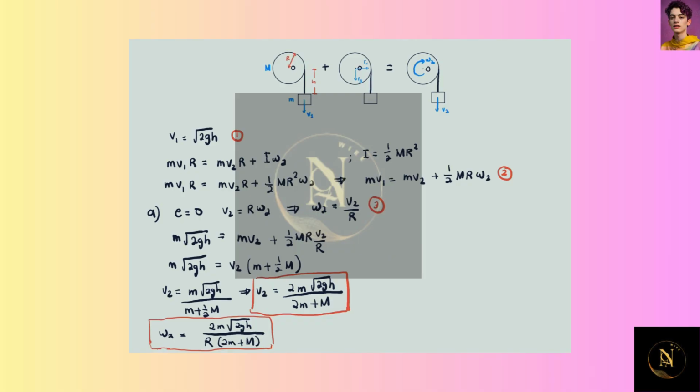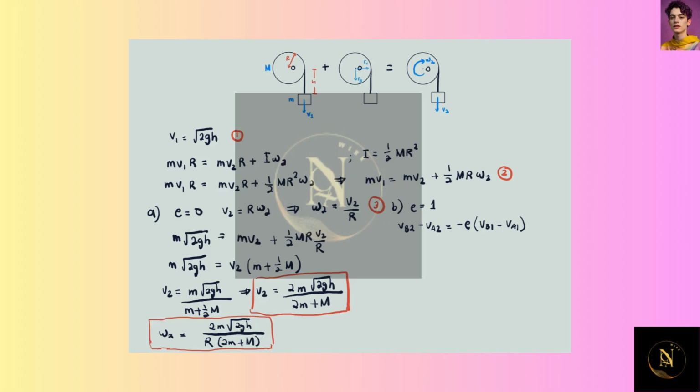Now for letter B, the condition is perfectly elastic impact. Which means that e is equal to 1. Hence, using the equation for the coefficient of restitution, we'll have the equation VB2 minus VA2 equals negative e times VB1 minus VA1.